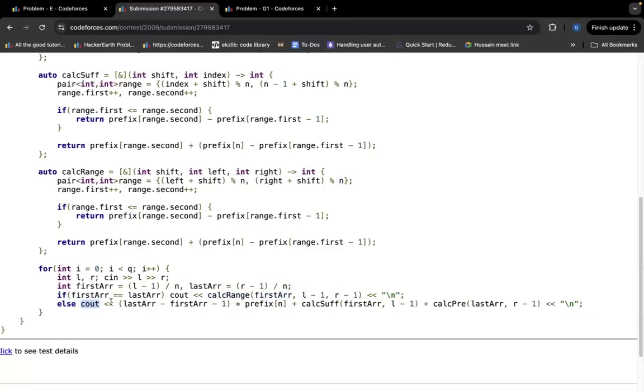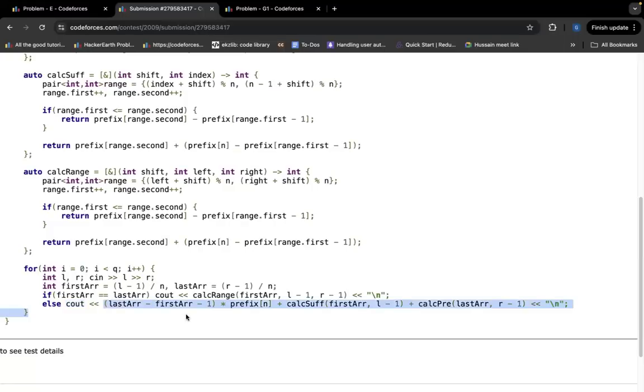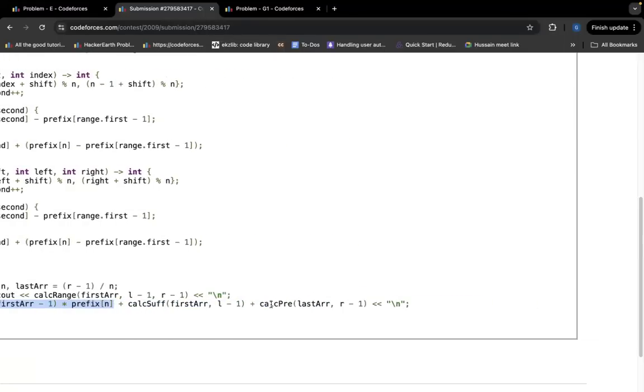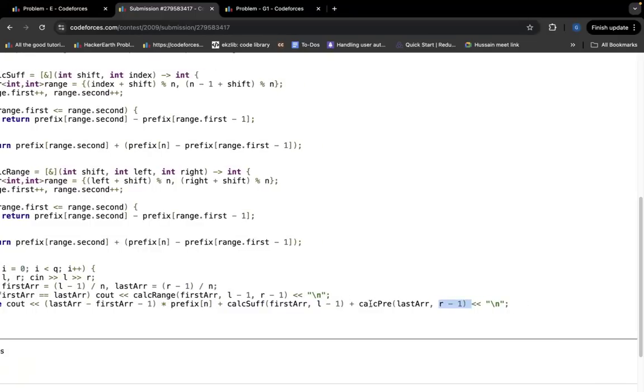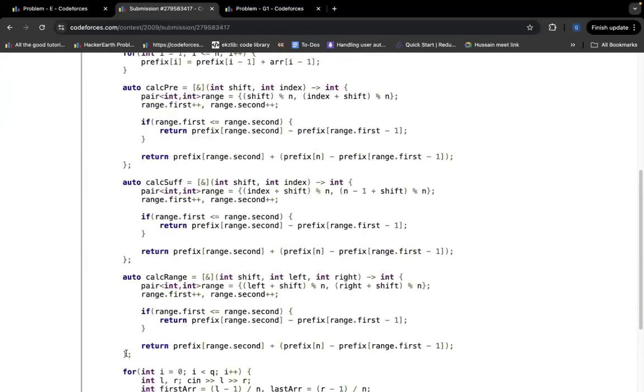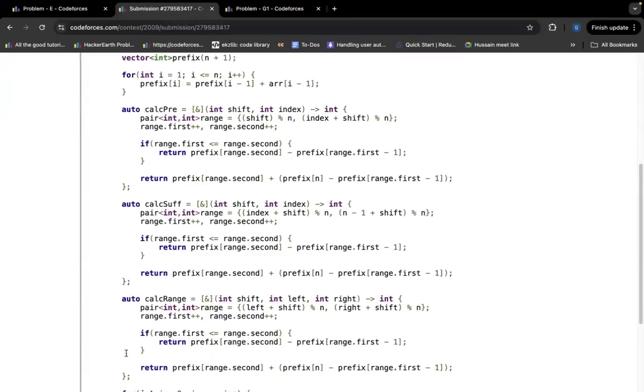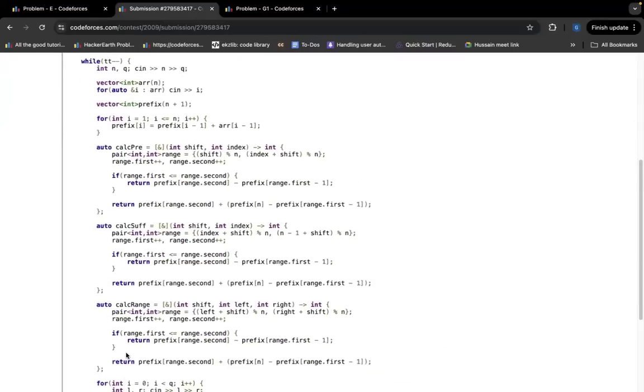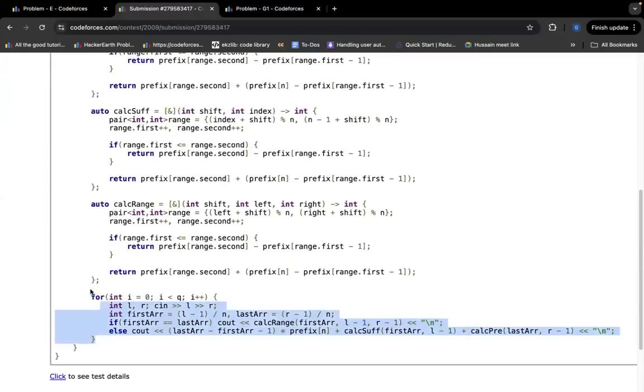But if they are not the same, then it is the number of ranges in between times the sum of the entire array, plus calculating the suffix of the first array from L minus 1 to N minus 1, and calculating the prefix of the last array from 0 to R minus 1. This is all that I am doing, and I am printing out the sum over here, and all these functions I have written here. So a general coding tip, if you want to code such problems, first you go writing this.